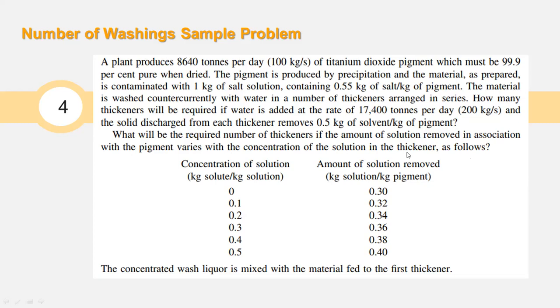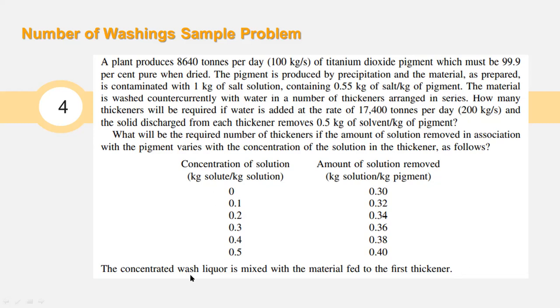If you have a copy of Coulson, this particular set of data goes with this particular question. So this time you don't have this relationship fixed for all your underflows. But this time, the amount of solution removed is dependent on the concentration of the solution present in the underflow. And you have this relationship.